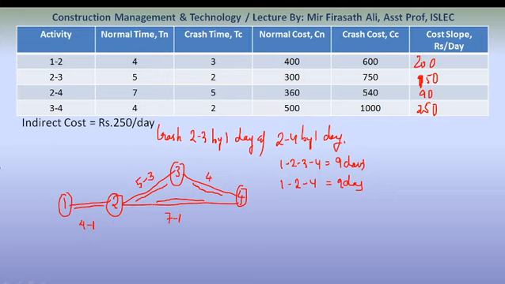Now total cost. What is the total cost? Normal cost plus crash cost plus indirect cost. What is the normal cost? 1560, plus what is the crash cost? Crashing of activities. What all activities have we crashed? We have crashed activity 1 to 2 by 1 day, so 1 into 200 rupees.